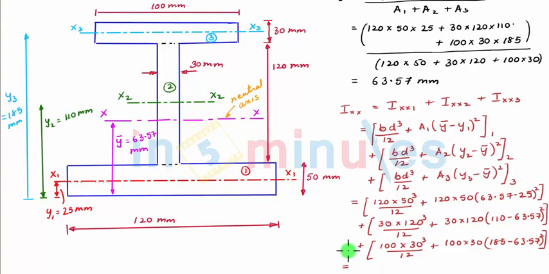Upon solving, we get the value of Ixx as 66.71 into 10 to the power 6 mm to the power 4.